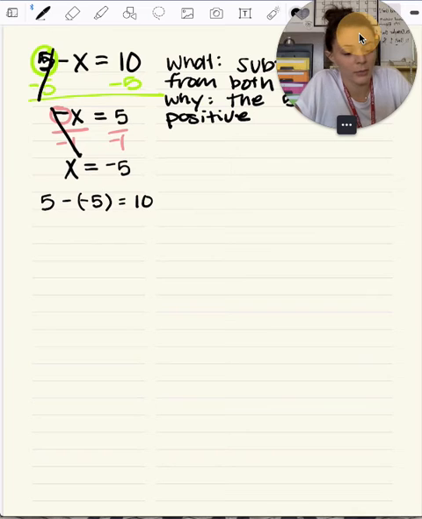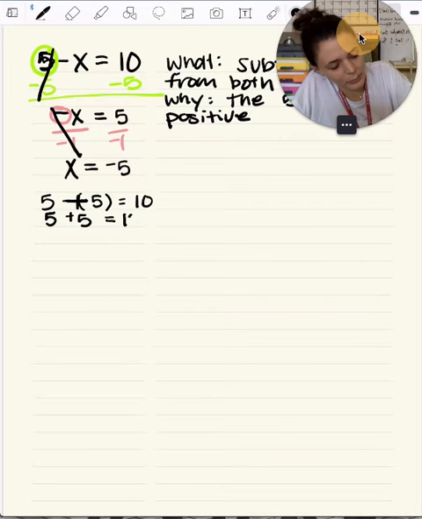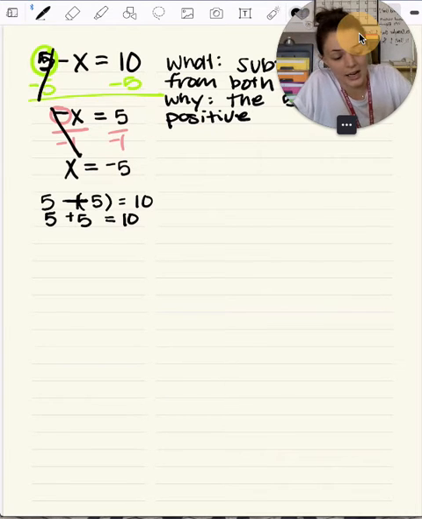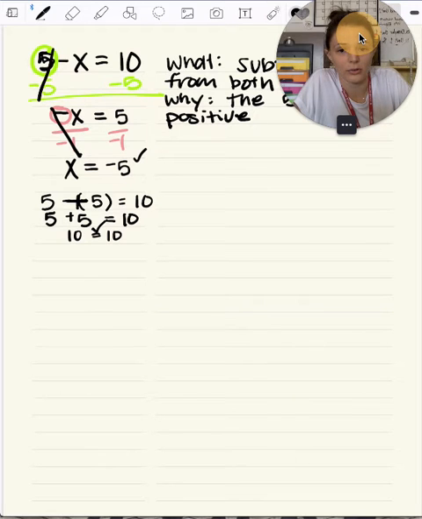So if you guys remember, when you have a double negative, so minus a negative, that turns into a positive. So this would become 5 plus 5. And that is a true statement. 10 is equal to 10. So this was the correct value for x.